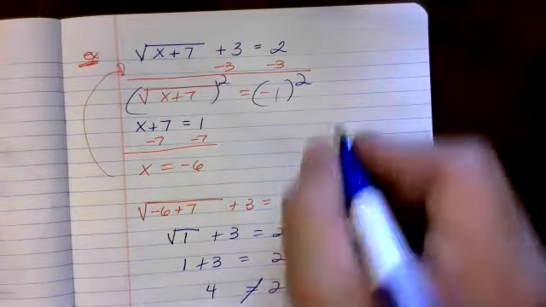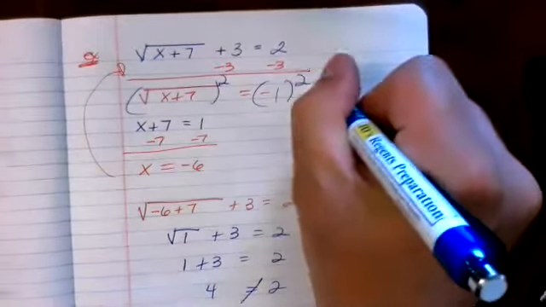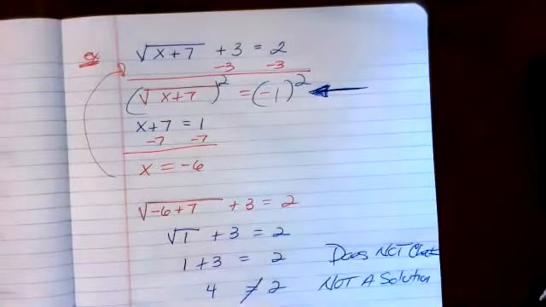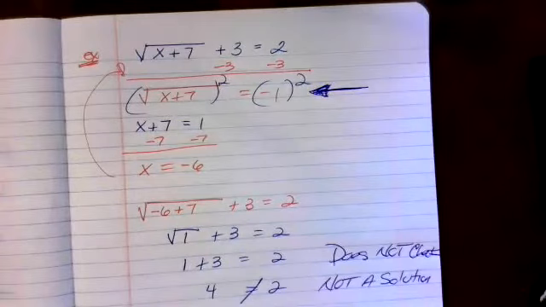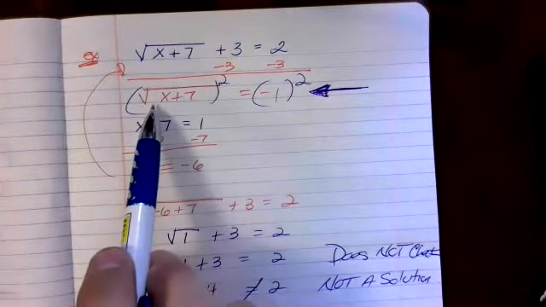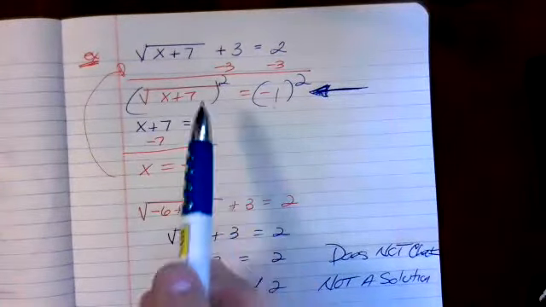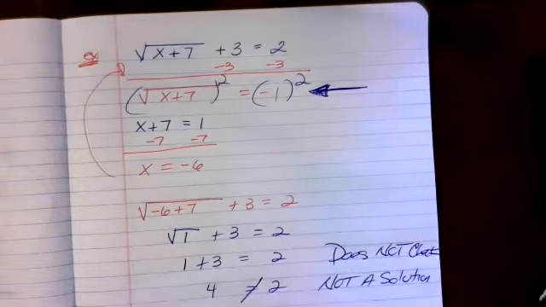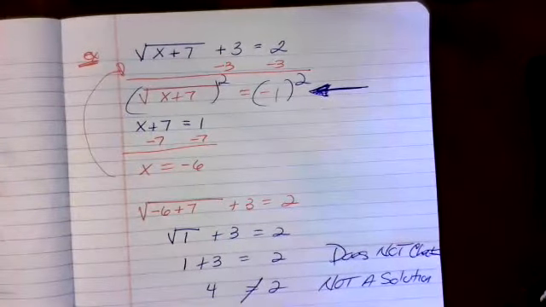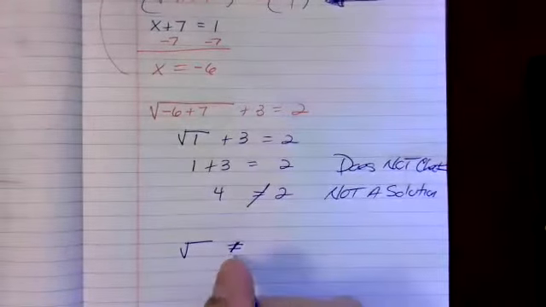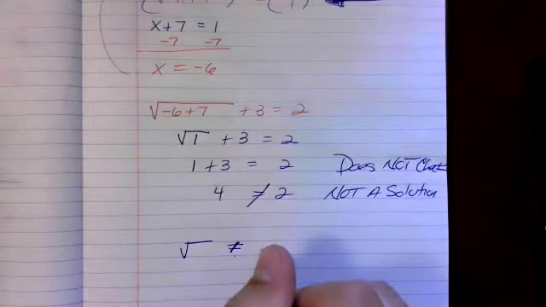I knew it didn't work right here, because as soon as you have a square root equal to a negative, it's always going to be no solution, right? A square root will never be equal to a negative value.